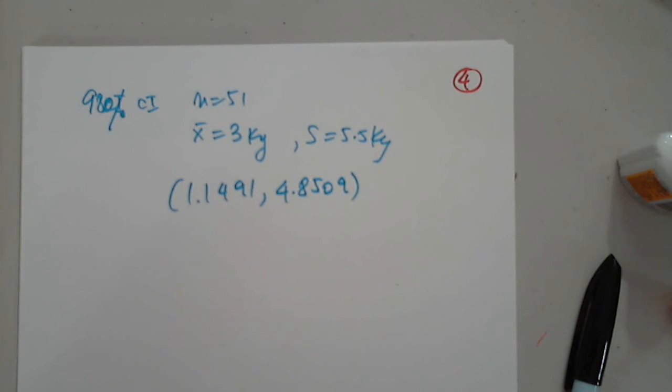Okay, and I want the confidence interval, and I wanted it to be 98, they said. And I want the sample mean, and that is 3. I want the sample standard deviation, which is 5.5, and I want the sample size, which is 51. And compute, please. And we got the same thing, 1.149, 4.8509. Okay? So, oh, I didn't mean that. Where am I?